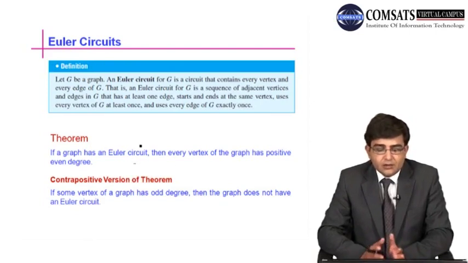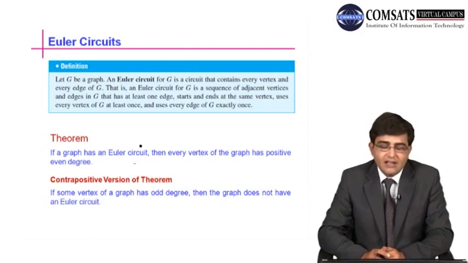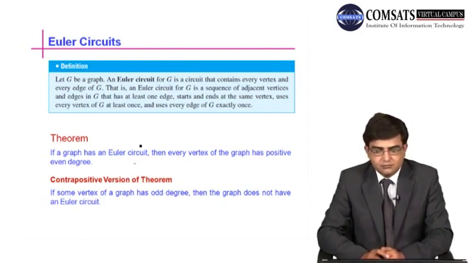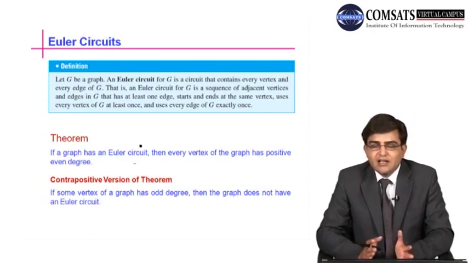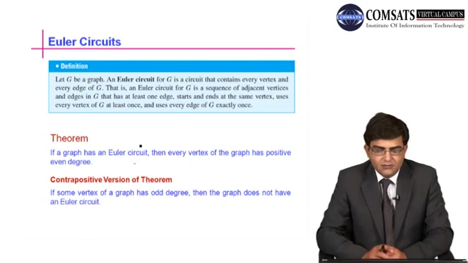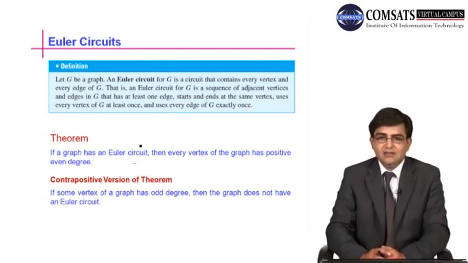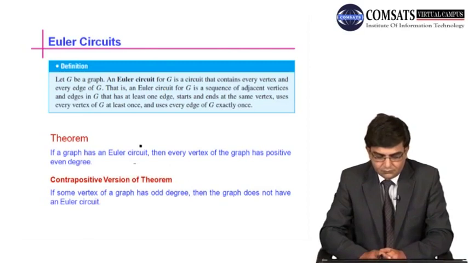Now the contrapositive of this theorem: if any vertex of a graph doesn't have even degree, then that graph doesn't have an Euler circuit. That is, if any vertex of a graph has odd degree, then we cannot find an Euler circuit in that particular graph.